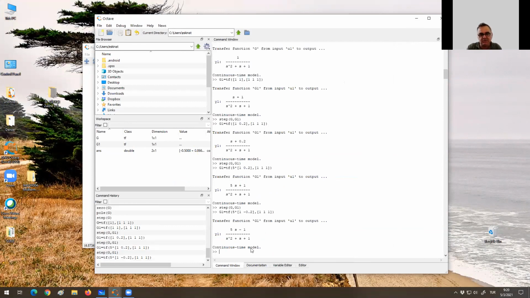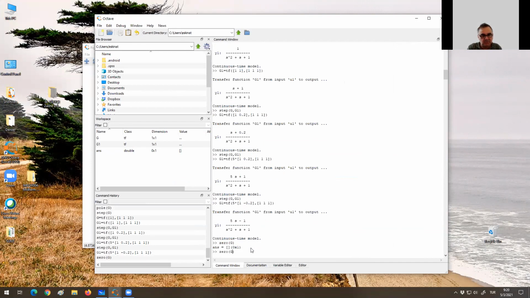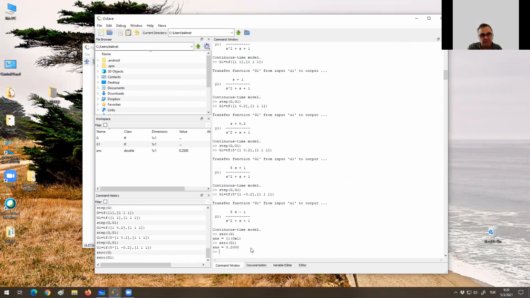Now the zero is on the negative, on the left half axis, so that the zero of this system, G1, where is that? The zero of G1 is at 0.2, not minus 0.2, but plus 0.2.